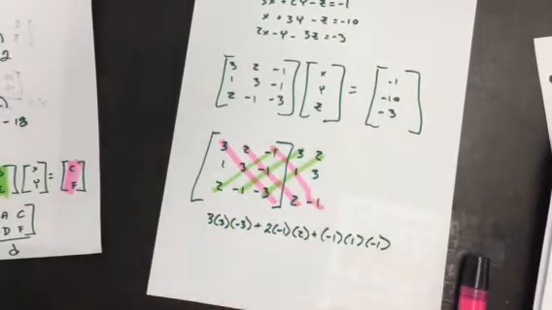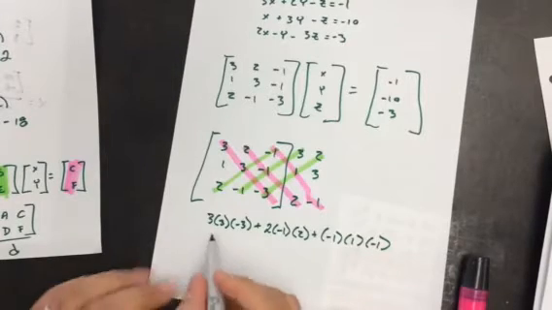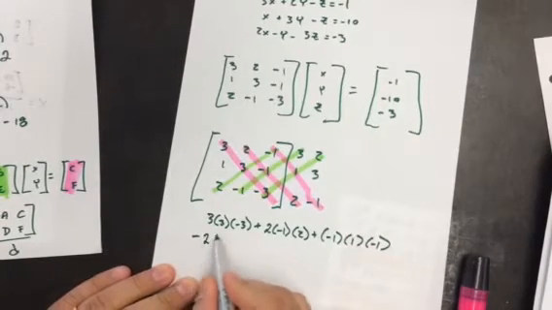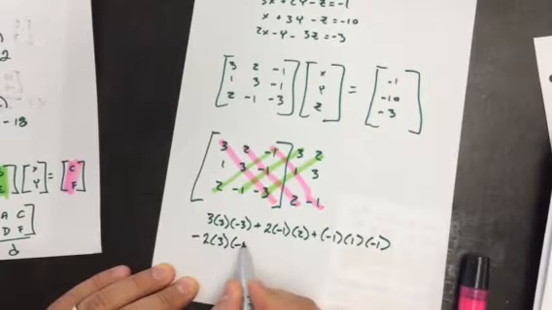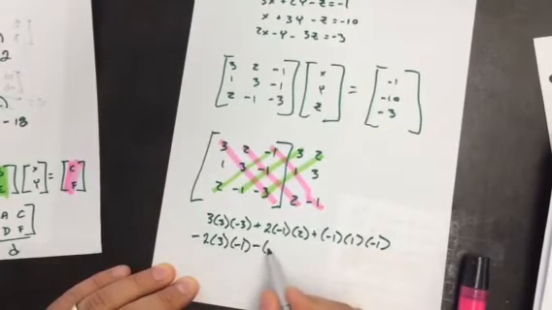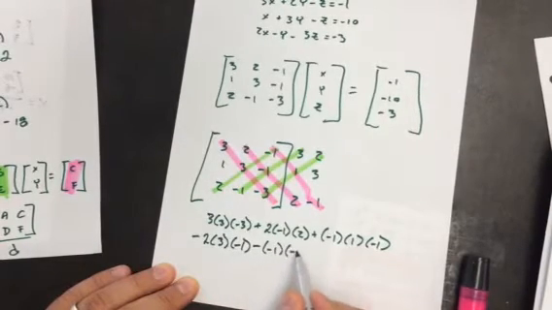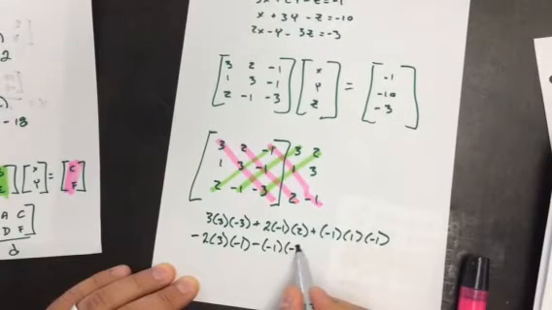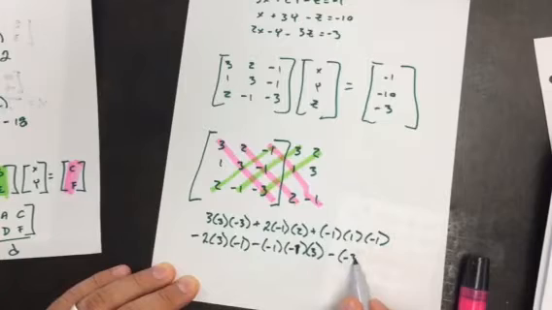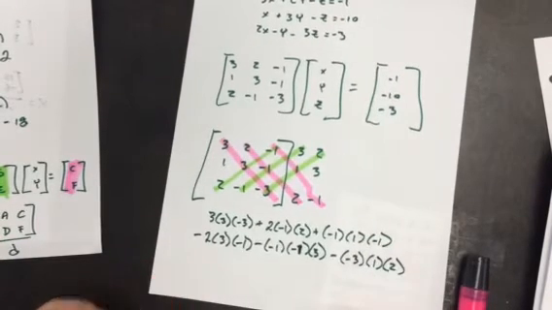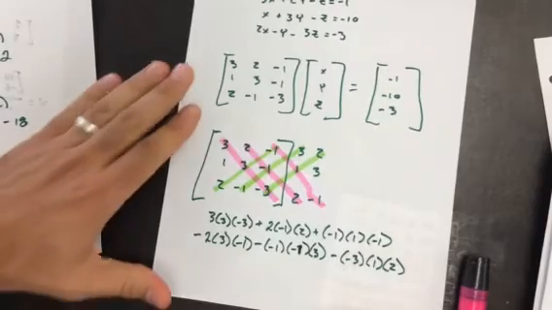So now I'm going to go up and to the right. So I'm going to say minus 2 times 3 times -1 minus -1 times -1, whoops, times 3 minus -3 times 1 times 2. So I want to simplify these out.